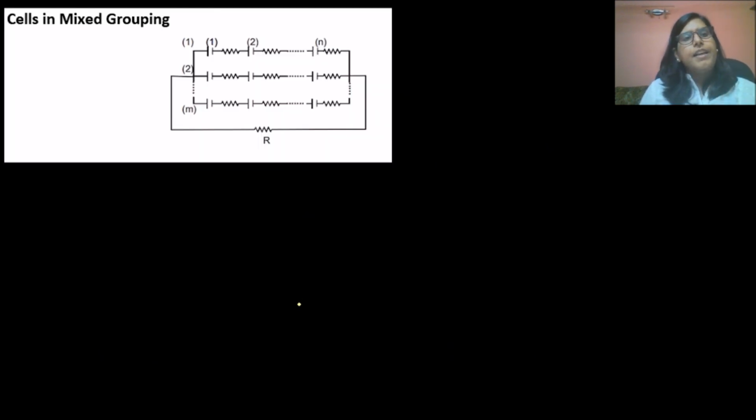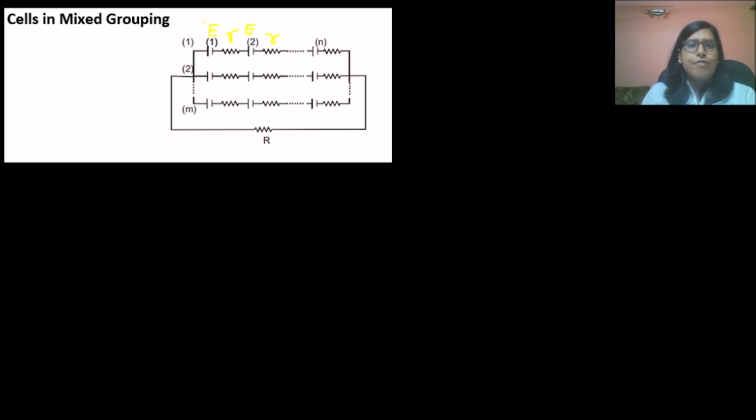Now we will see the mixed combination of cells. Suppose in one branch there are n cells, the EMF is E and the internal resistance is small r for every cell. There are n cells in one branch, and there are similar branches, and the number of branches is m.